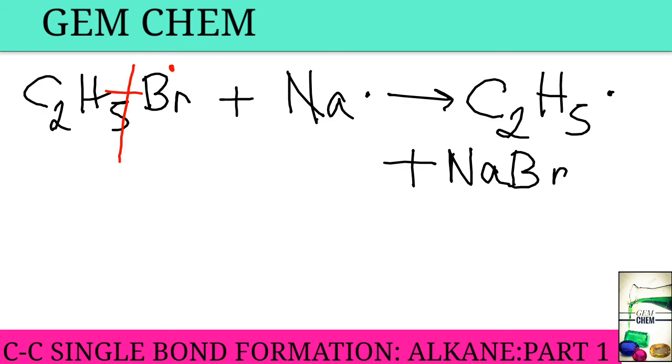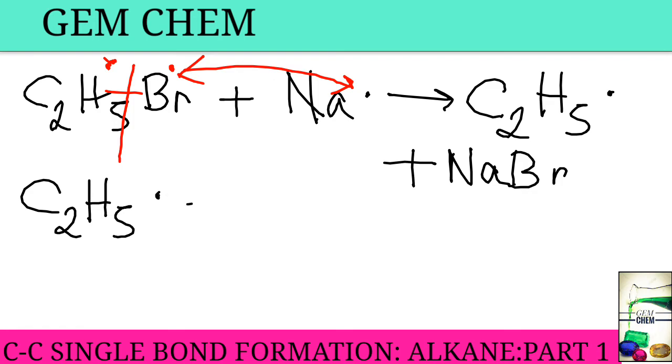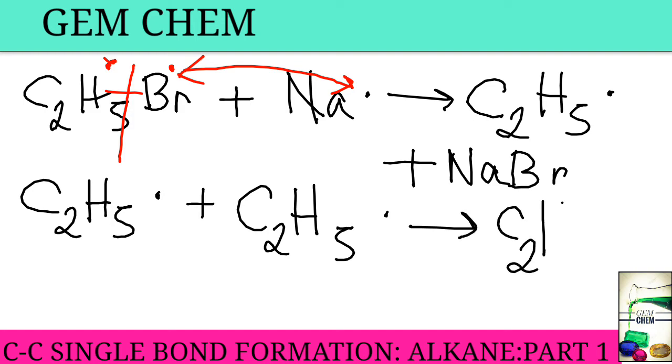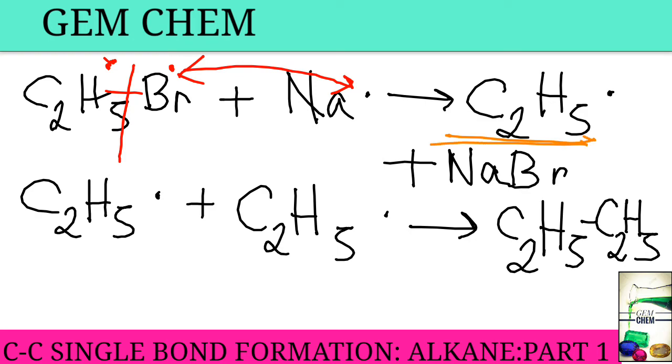One of the radicals comes here and one of the electrons comes here. This and this bond together and this remains as it is. Now the second step is this C2H5 dot reacts with another C2H5 dot to form C2H5-C2H5, that is butane formation. Now here in this case the intermediate is a free radical.